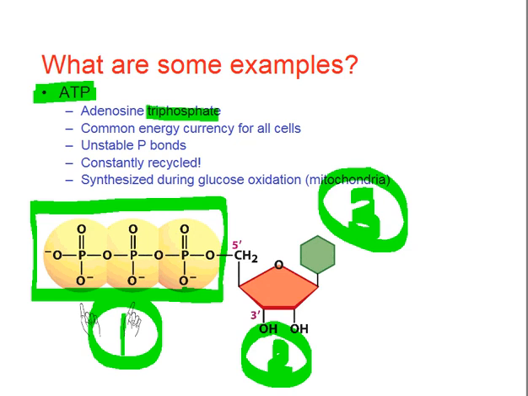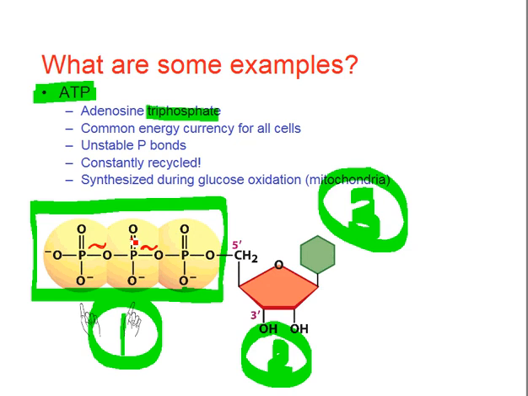Adenosine triphosphate, or ATP, is a very common energy currency for the cells in our body. It is basically the molecule where energy is stored so that it can be rapidly accessed when needed within the cell. And what makes it so rapidly accessible is the fact that between these phosphate groups, the bonds are very unstable.